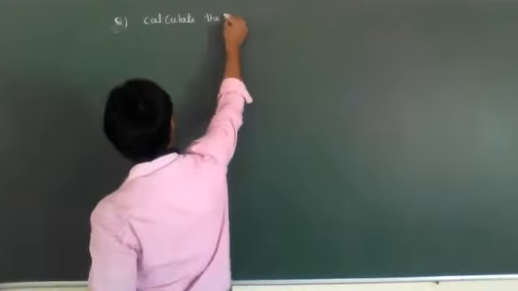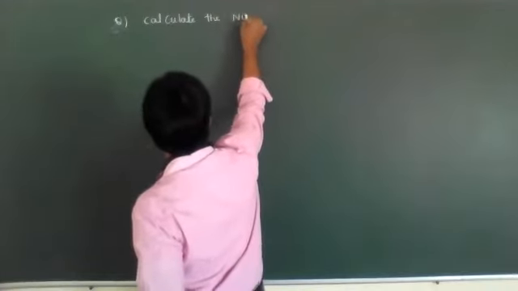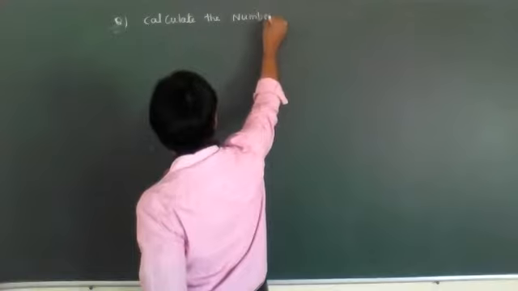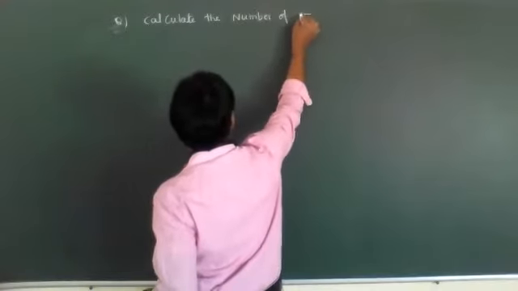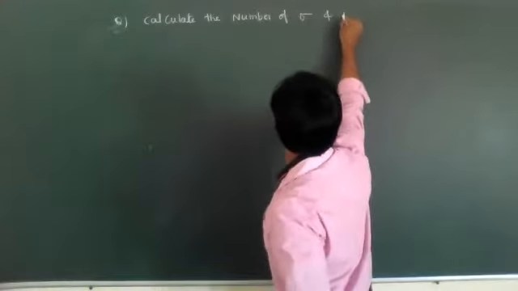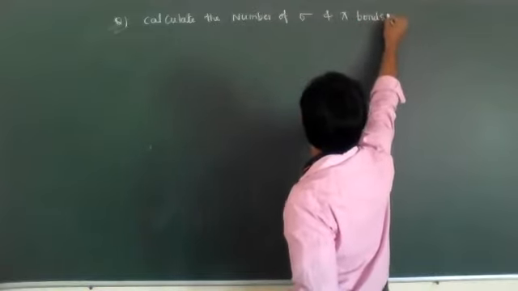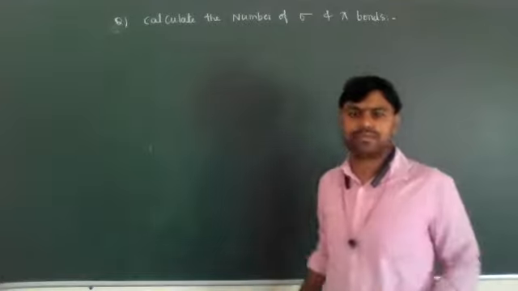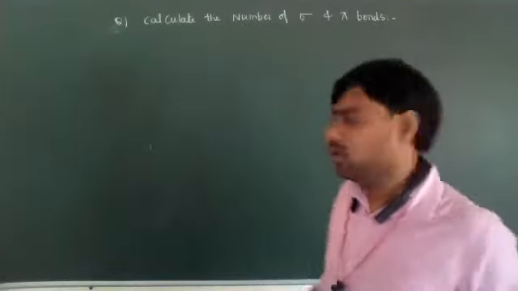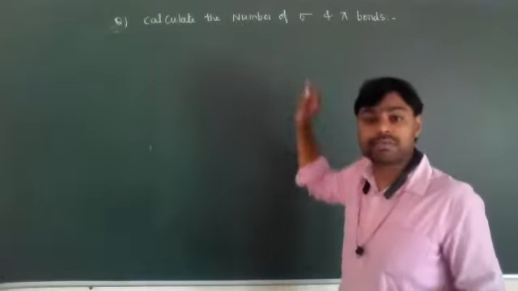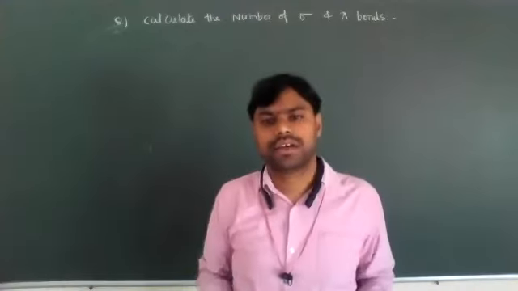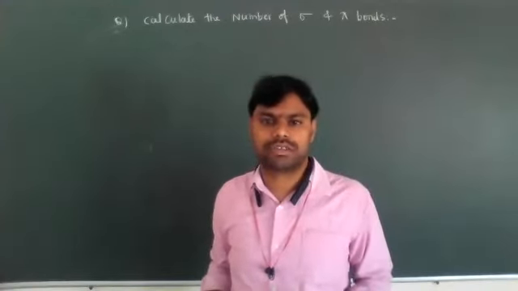Calculate the number of sigma and pi bonds. So what is a sigma bond, dear students? A sigma bond is nothing but a single bond. Single bonds are called sigma bonds.